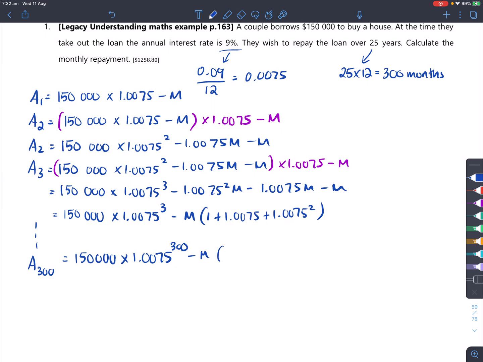Then when we minus M and write 1 plus 1.0075 and increase each of those powers by 1, the last term, if we have a look at the pattern, that number there is 1 less than this number here. So if this is 300, then this should be 299.